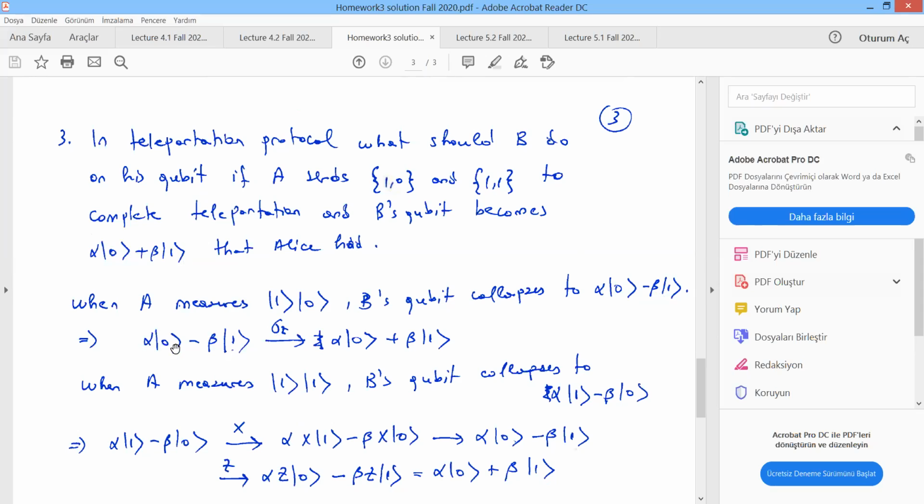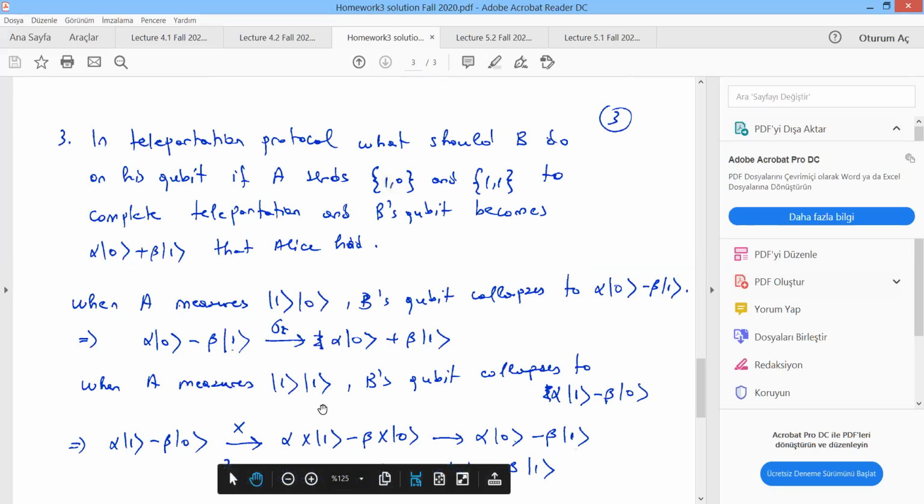If I do that, this Pauli z keeps ket 0 the same, but converts ket 1 to minus ket 1. So this minus beta ket 1 becomes plus beta ket 1. So I recover the qubit that Alice wanted to teleport. So this is the first case.